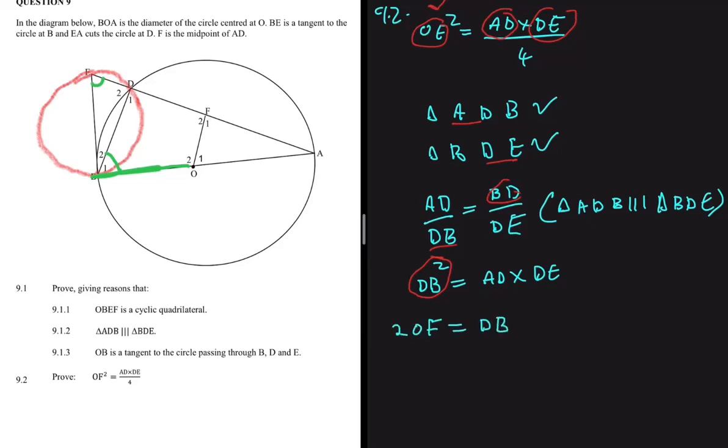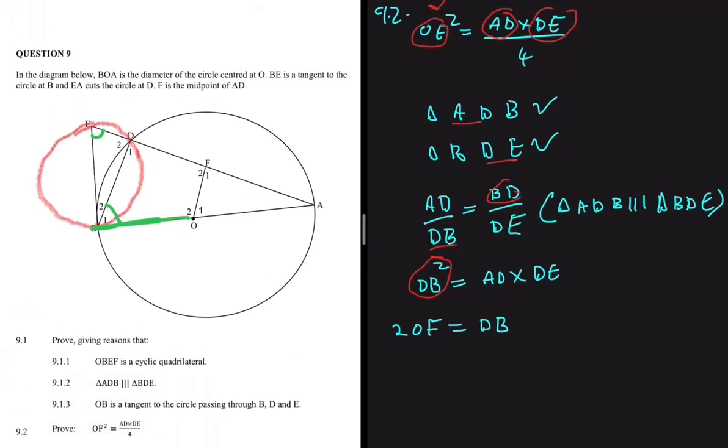Let me tell you why, right? Don't forget that we have already deduced that F1 is 90, right? But then also D1 is 90, because it's been subtended by the diameter, right? So if F1 is 90 and D1 is 90, then we know that OF should be parallel to DB, right? OF is parallel to DB.